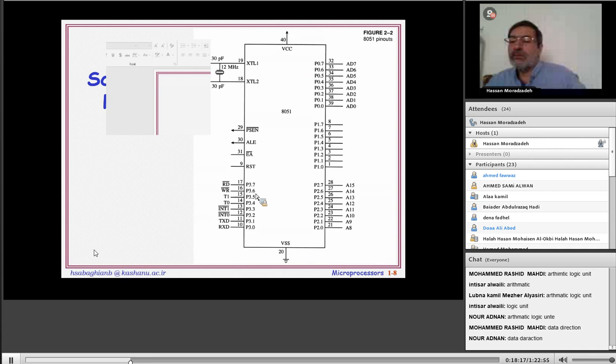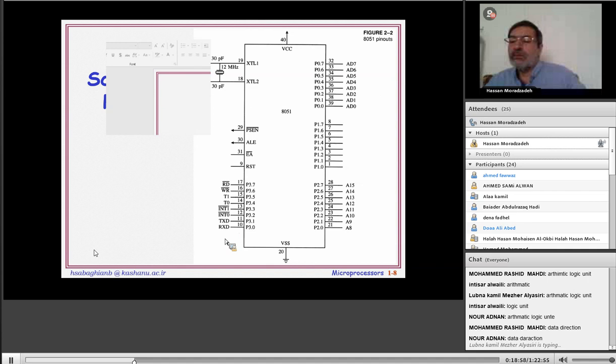Here we have 2 tasks: port 2 or higher order of address bus. Here we only have port 1. Here we have port 3 or these tasks. For example, P3.6 and P3.7 are read bar and write bar. Here is T1, input for timer 1, and input for timer 0.